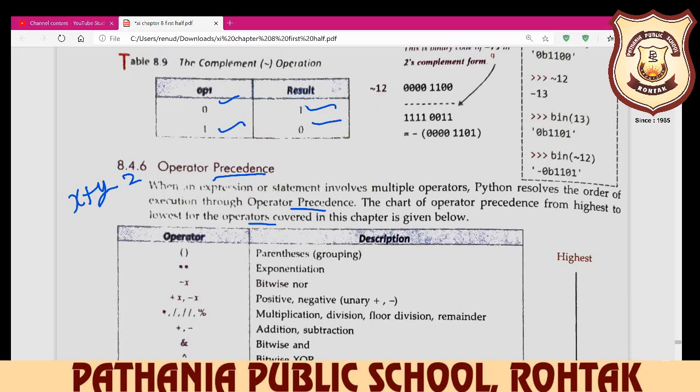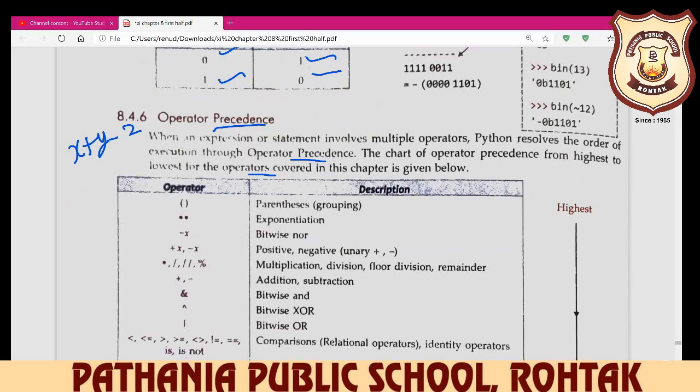So you see, when there are multiple operators in a single statement, you always solve first the parentheses, then exponentiation, then bitwise NOT, then negative and positive unary operators, then multiplication, division, and then floor division. What is the difference between division and floor division?